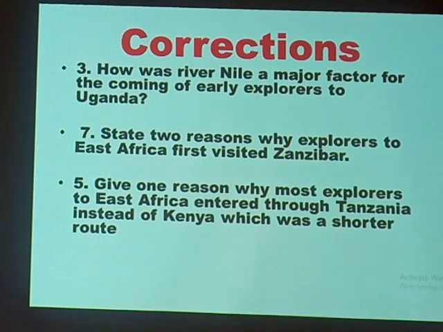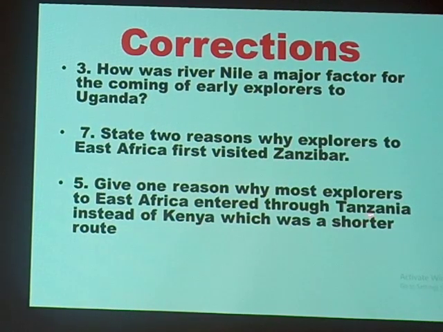Number 5. Give a reason why most explorers to East Africa entered through Tanzania instead of Kenya, which was a shorter route. Children, in this question, look at the 2 aspects, Kenya and then Tanzania. So this one is a comparison question, and in this comparison question, the degree of comparison should come out clearly, where Kenya should be likened to Tanzania.